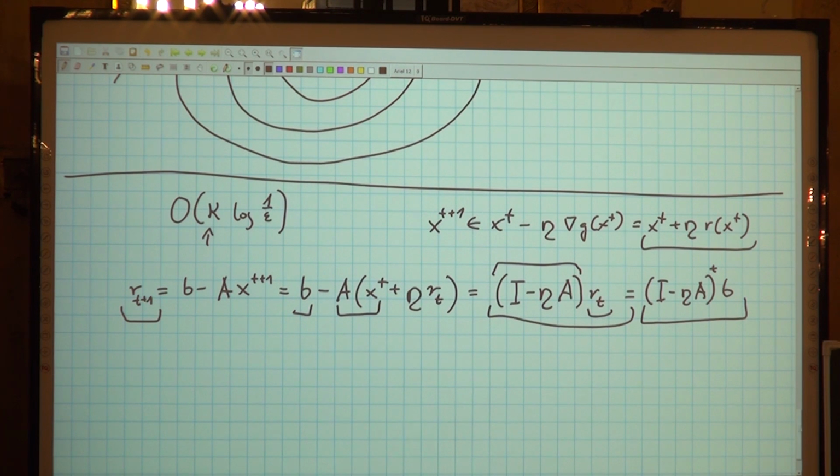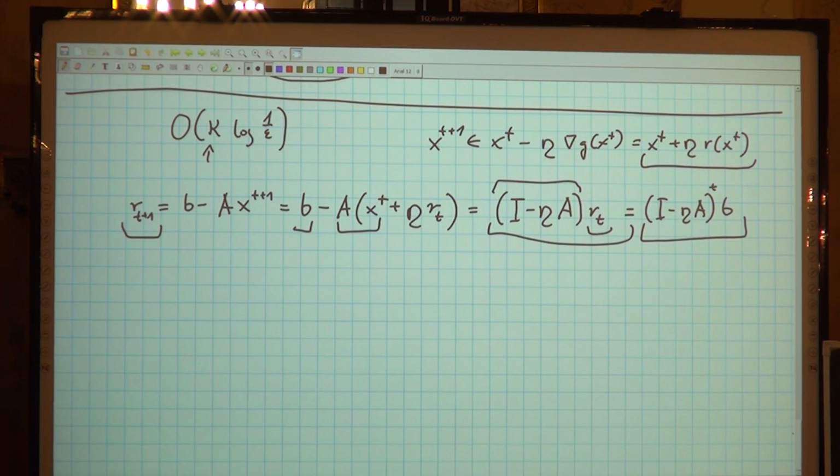Now the nice way to view this kind of expression is in the space of polynomials. The way I got r of t plus 1 is I took a certain polynomial in the matrix A and applied it to b.